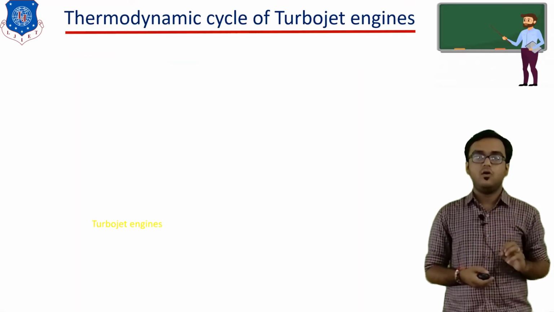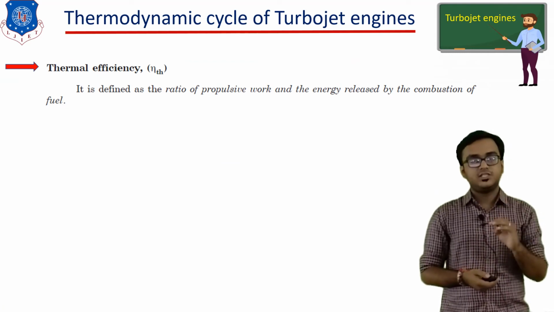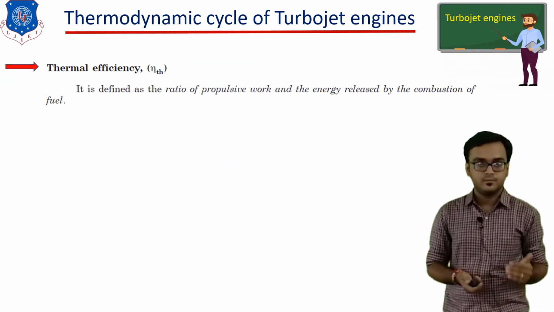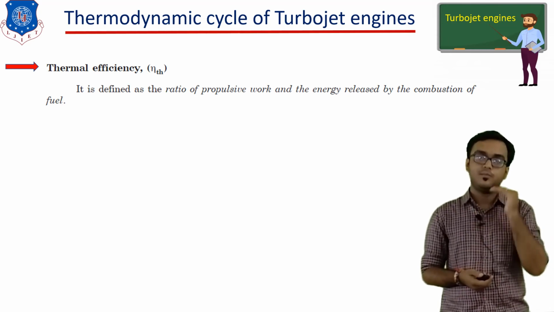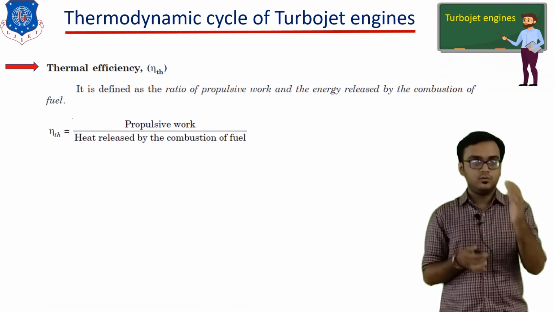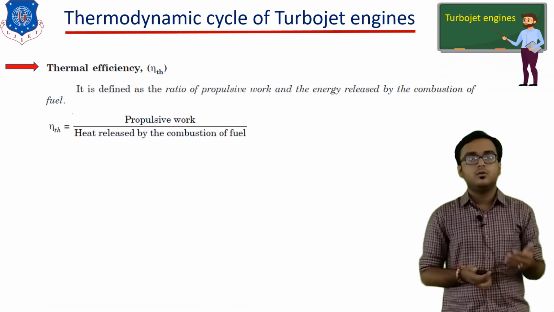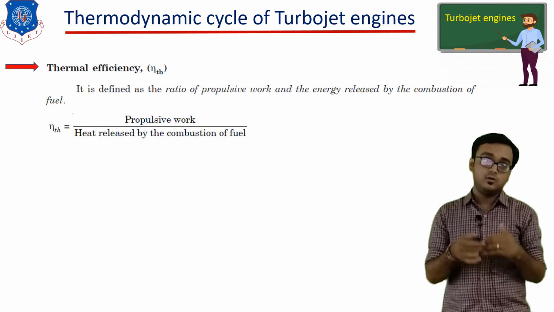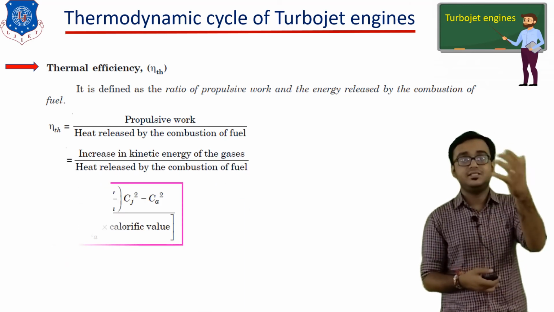Okay. Now next I would like to brief you about the thermal efficiency. It is defined as the ratio of propulsive work and the energy released by the combustion of the fuel. So propulsive work to the heat released by the combustion chamber is the thermal efficiency. Also the propulsive work is nothing but change of kinetic energy, whether it is increased or decreased.